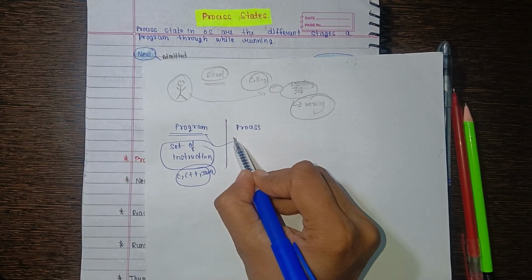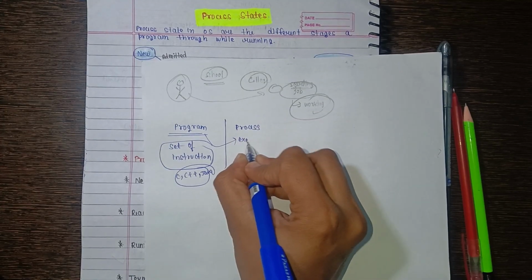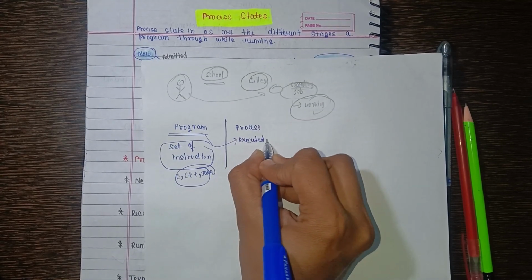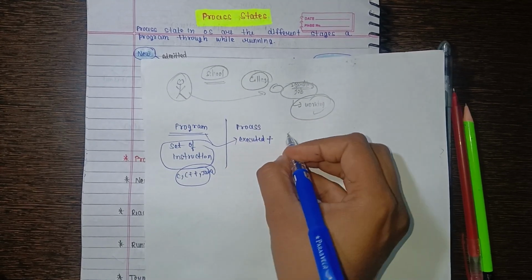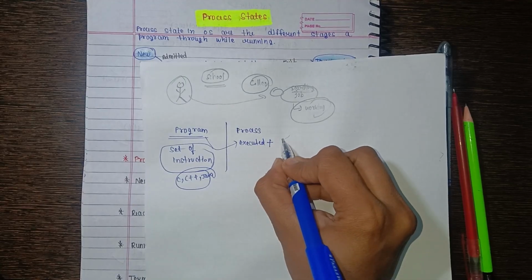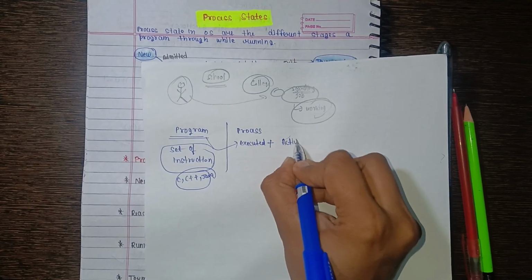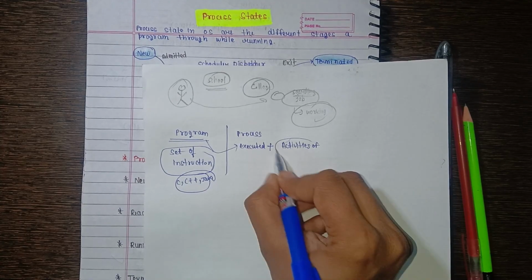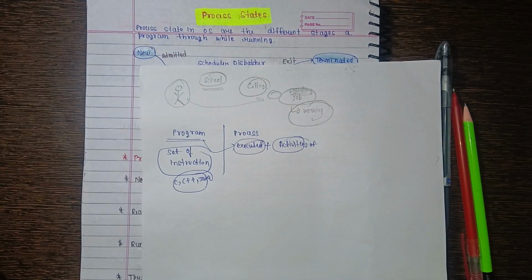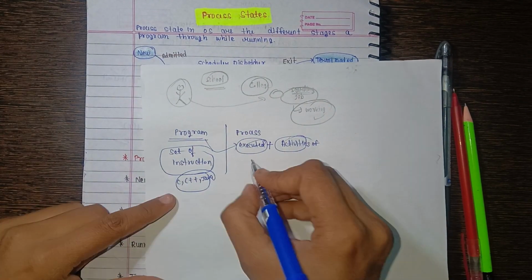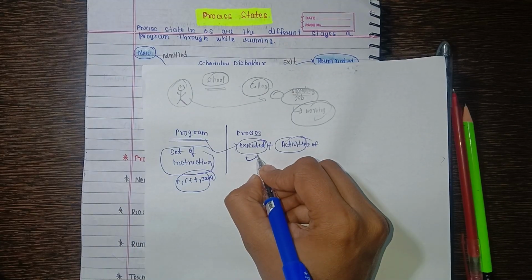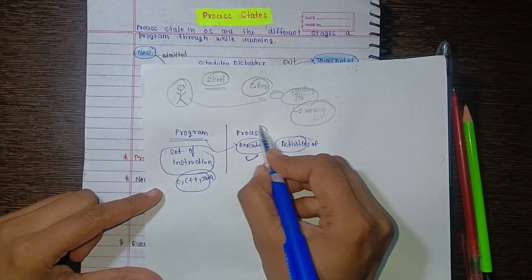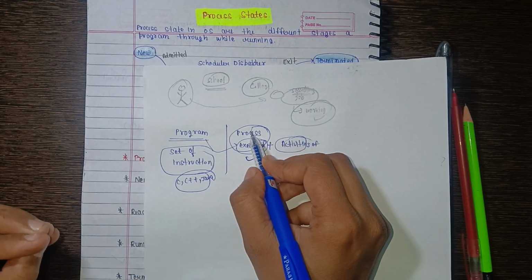And when this program is executed with the activities of the operating system, means when this program takes memory or executes the instructions, then it becomes a process.